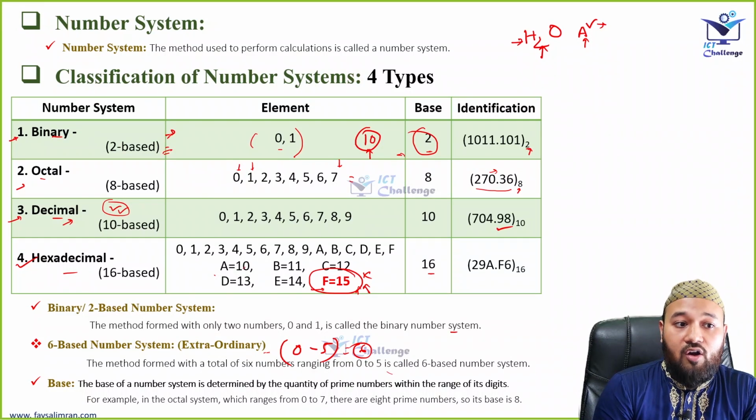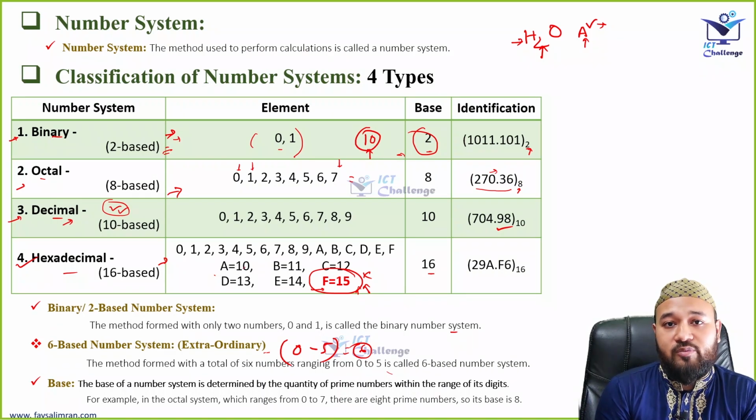Binary is used for the calculation of the device. Octal and hexadecimal are used for RAM and ROM, the two kinds of primary memory we have in our digital device. Binary is used for machine language or device calculation. That's why we use only the decimal number system in our daily life, and we don't need to use any kind of base.